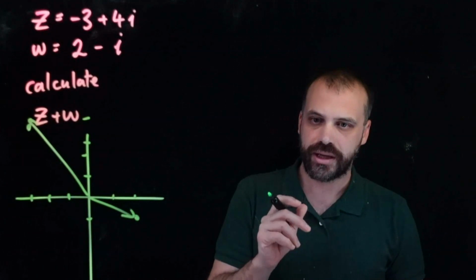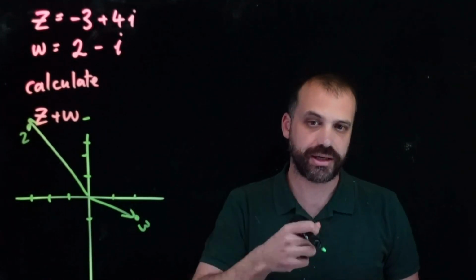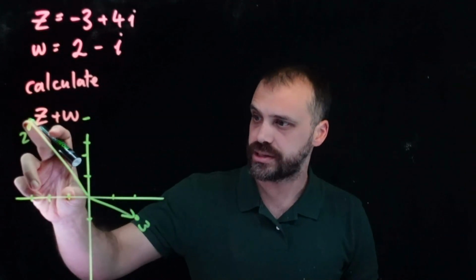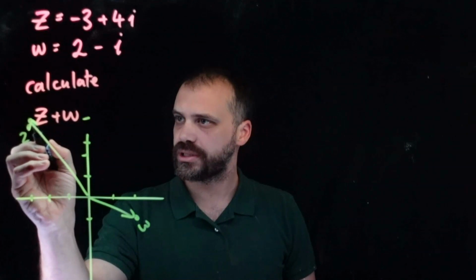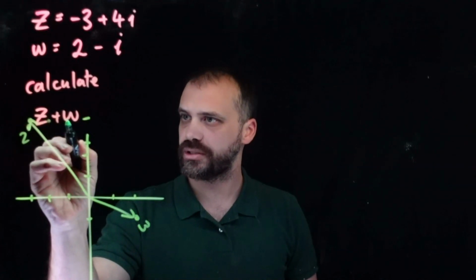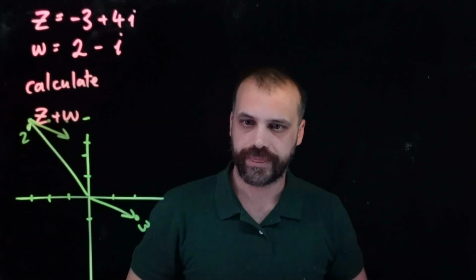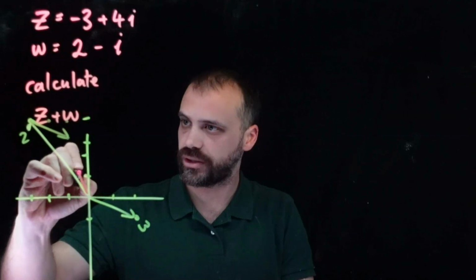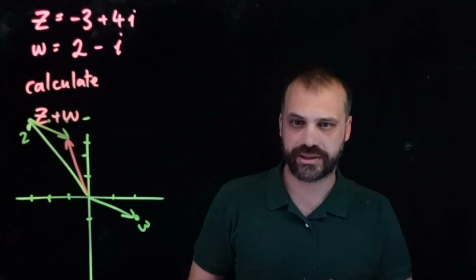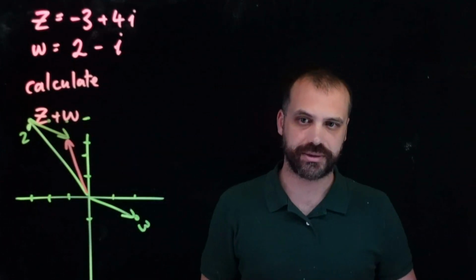Okay, now if this is z and this is w, and I want to add them together, I join up my arrows. z plus w. So w is 2 across, 1, 2, and 1 down. Okay, my final answer is going to look something like that. z plus w makes this thing here.